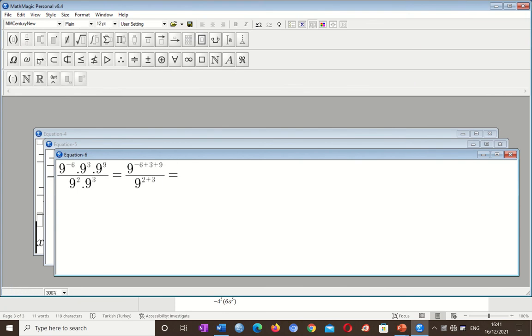Okay, and this is equal to 9 to the power, this is minus 3 and 9, that's 6, and this is 9 to the power 5. So here I have to write 9 to the power 6 minus 5, and that's 9 to the power 1 or 9, okay?